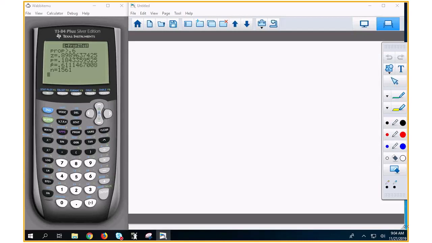A certain diet, called the zone diet, says 40% carbs, 30% protein, and 30% good fat. 79 were put on the diet.